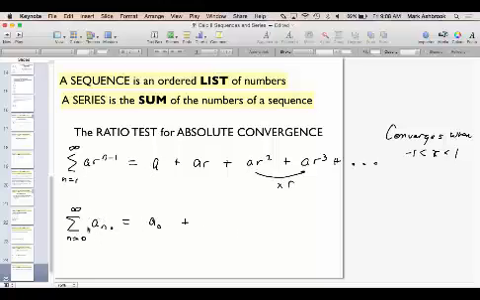This is just our generic notation for any sequence. A1, A2, okay? And then eventually we're going to get to any term, and call it A sub n, right? And then what's the next term? N plus 1. And on and on and on, right?